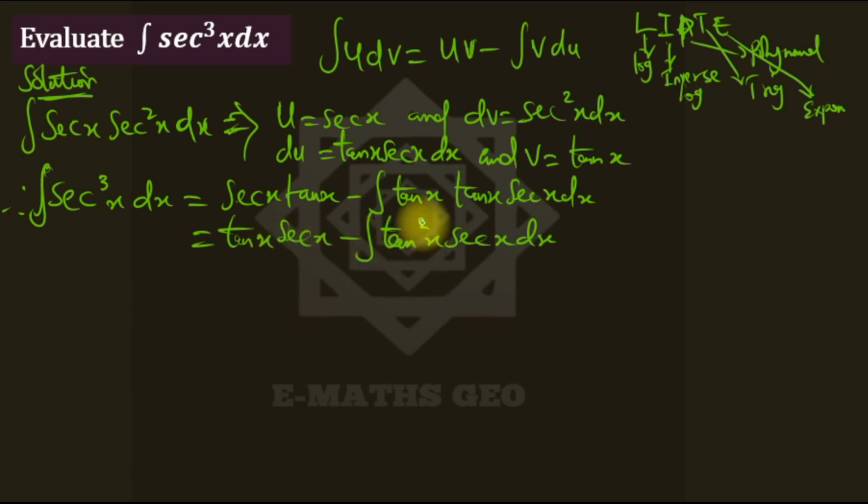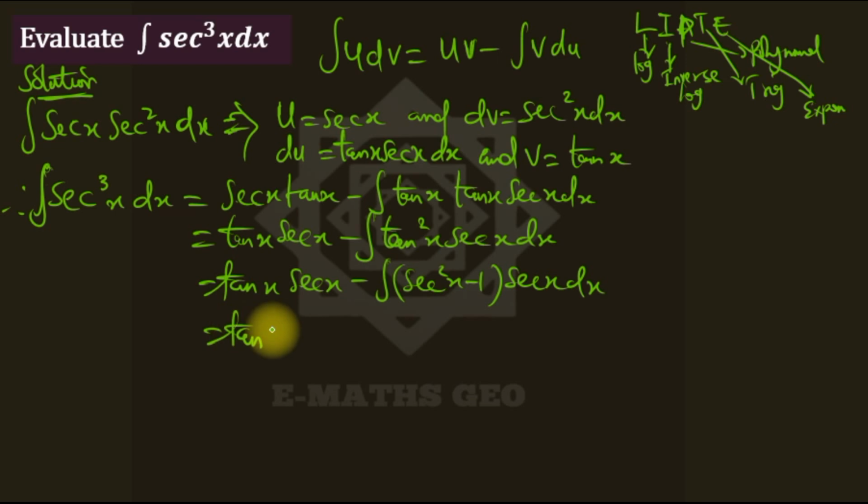Again, to make it easier, we use an identity. If you could remember, tan squared is sec squared minus 1, using the Pythagorean identity. So this is the integral of sec squared x minus 1, which is tan squared x, times sec x dx.